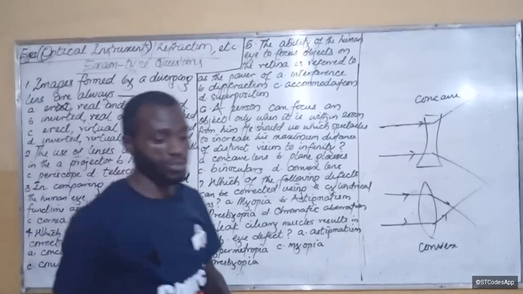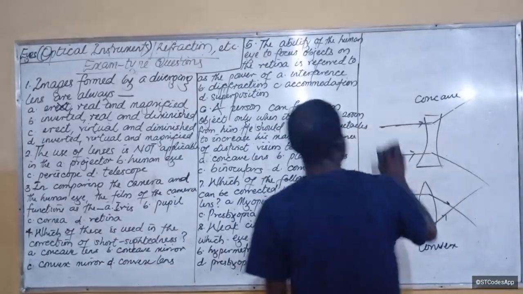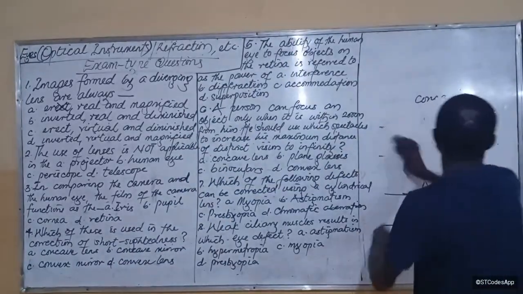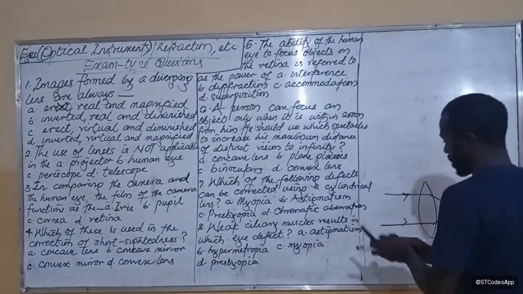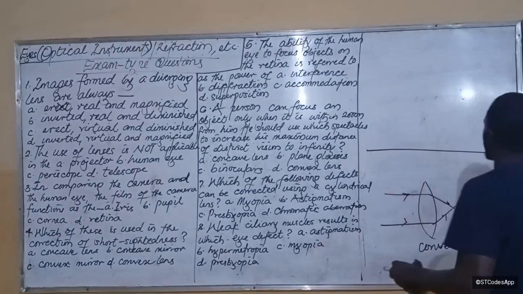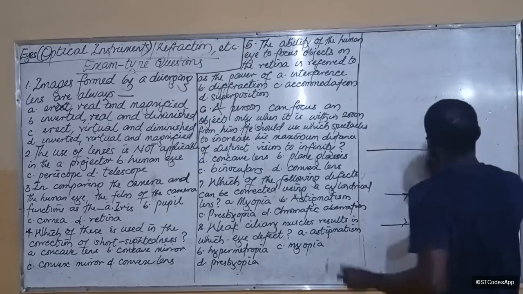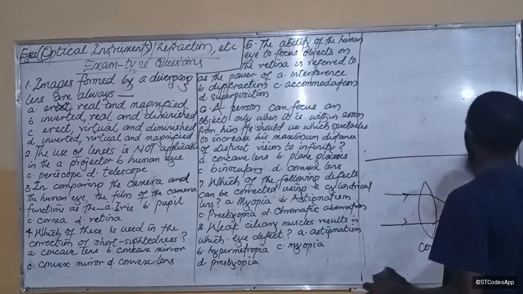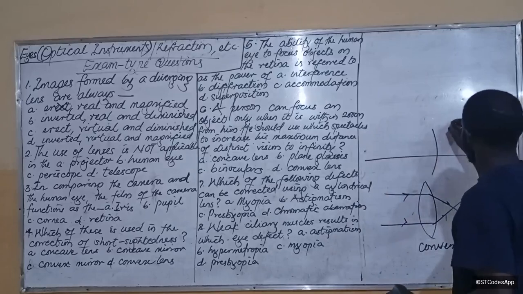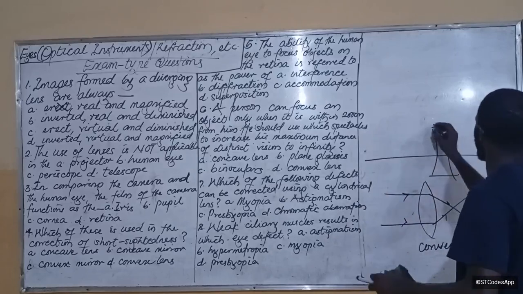Okay, I guess that's what I should do. Let me show you this. So if I draw my concave lens, here's my principal axis, my lens here, okay?